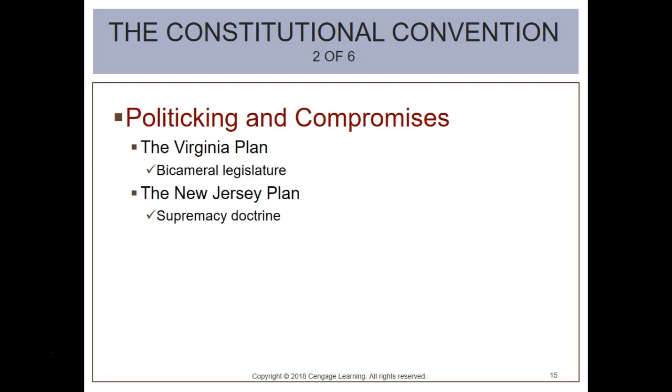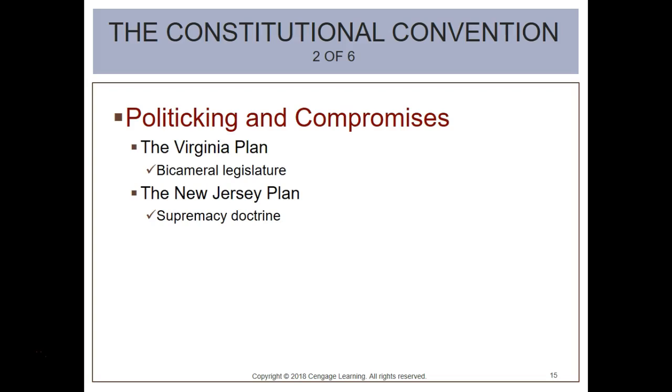Alternatively, the New Jersey Plan wanted one state, one vote. Okay. It favored smaller states for the most part. But we did get the idea of the supremacy doctrine out of this, which ultimately says that the Constitution is the final rule of law in the land.